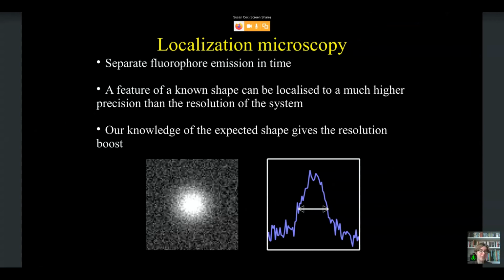It's given by the fact that we can fit the point spread function, here showing the data in blue, with a model of the point spread function in red. While the resolution of the system is given by the width of that point spread function, the accuracy with which we know the position of that one fluorophore is given by the mismatch between the data in blue and the fit in red.